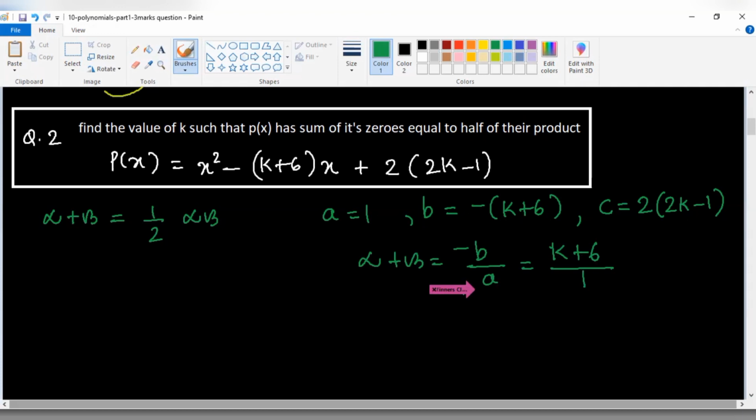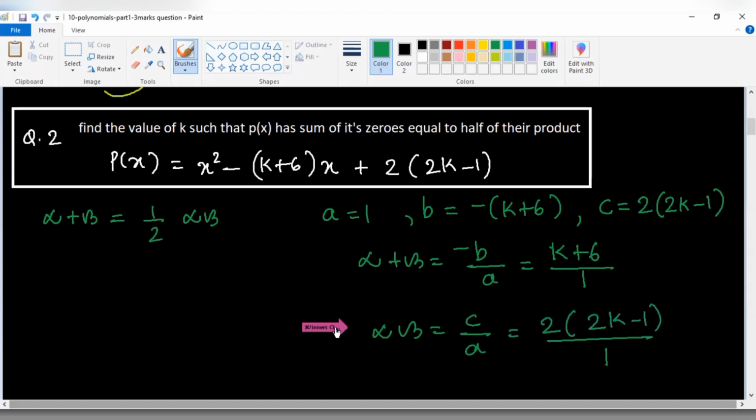Now alpha beta is C by A. In place of C, we have 2 into 2K minus 1, by 1. Okay, now let us apply these values in the given data. Alpha plus beta is K plus 6, right?